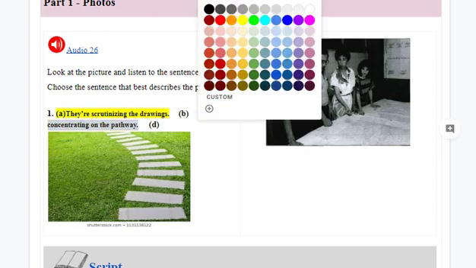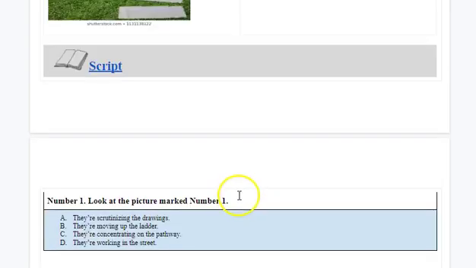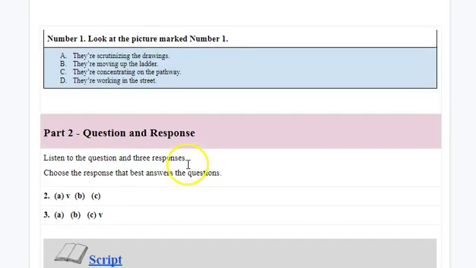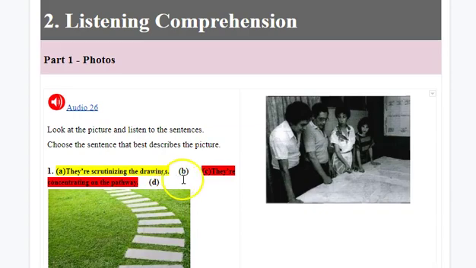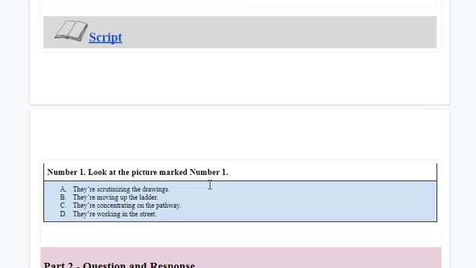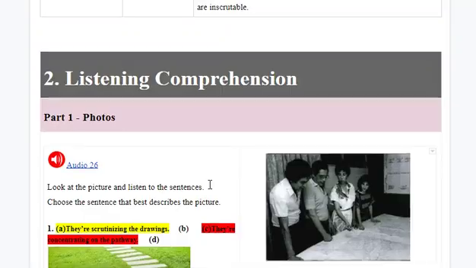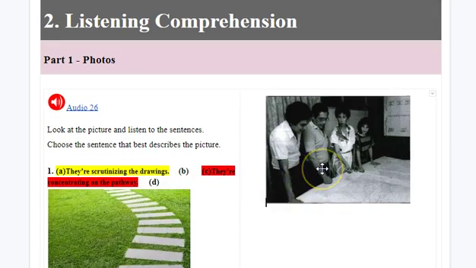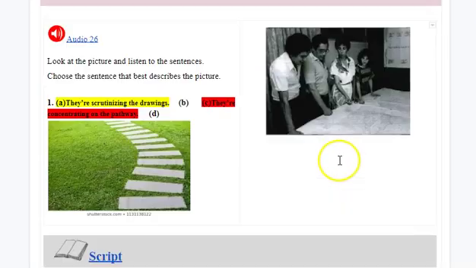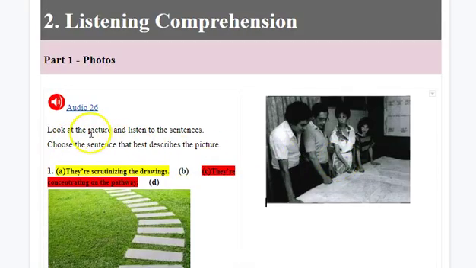So number two. So they are concentrating on the pathway means they work on the pathway. But the instruction is look at the picture, listen to the sentences, and choose the sentence that best describes the picture.